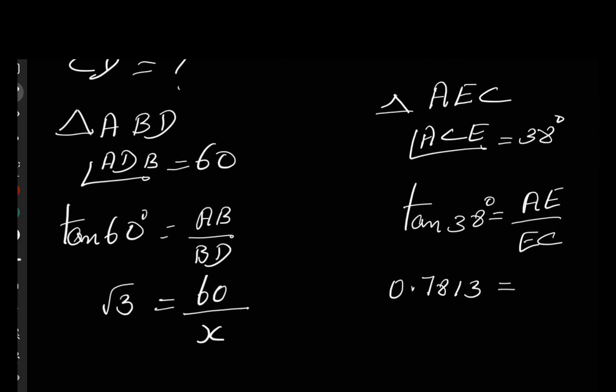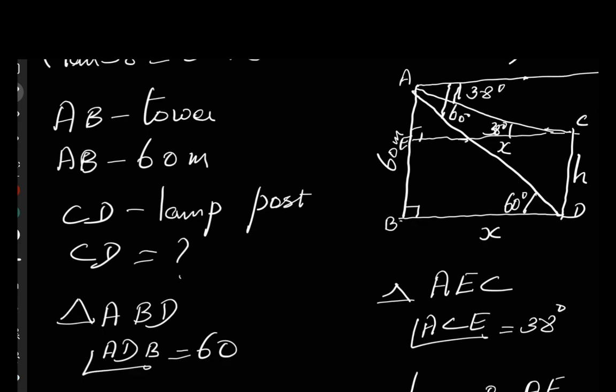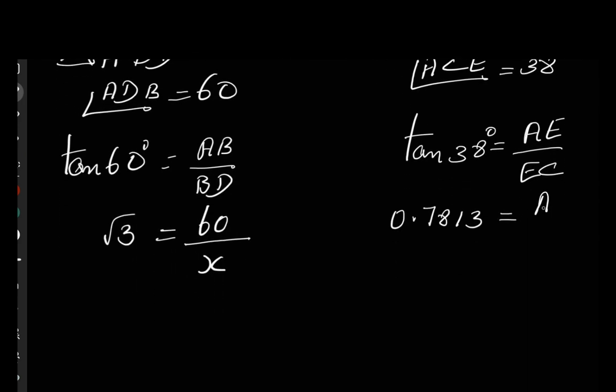So you keep this as it is, AE, EC as X. Okay. So both the terms have the X term. So equate them. So we take this X to this side. So 60 by √3. Bring this √3 here. Then X here.